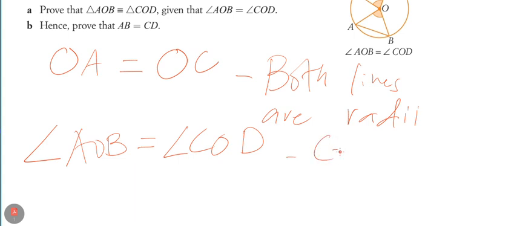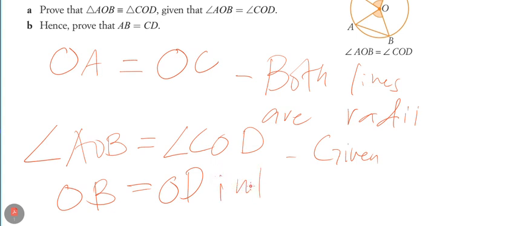Next, we can see that OB is equal to OD. That means both of the lines are radii of the circle, in the same circle.